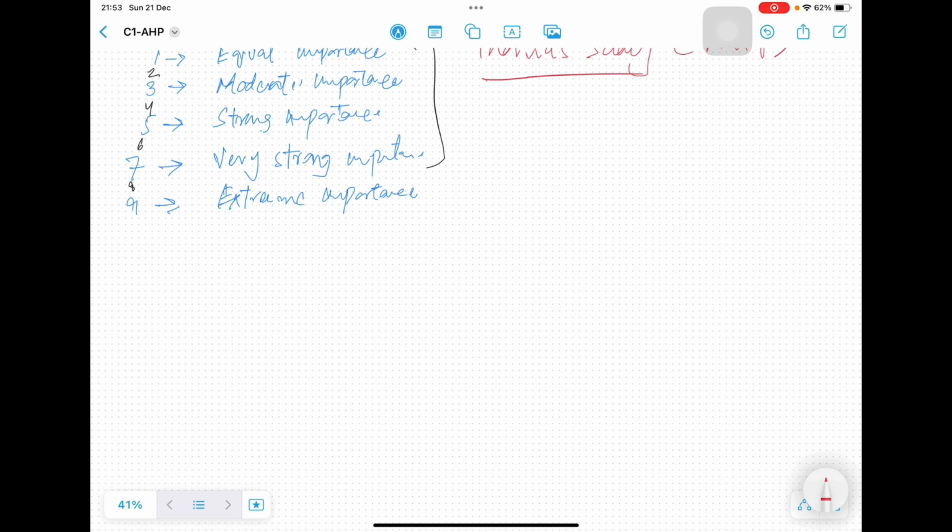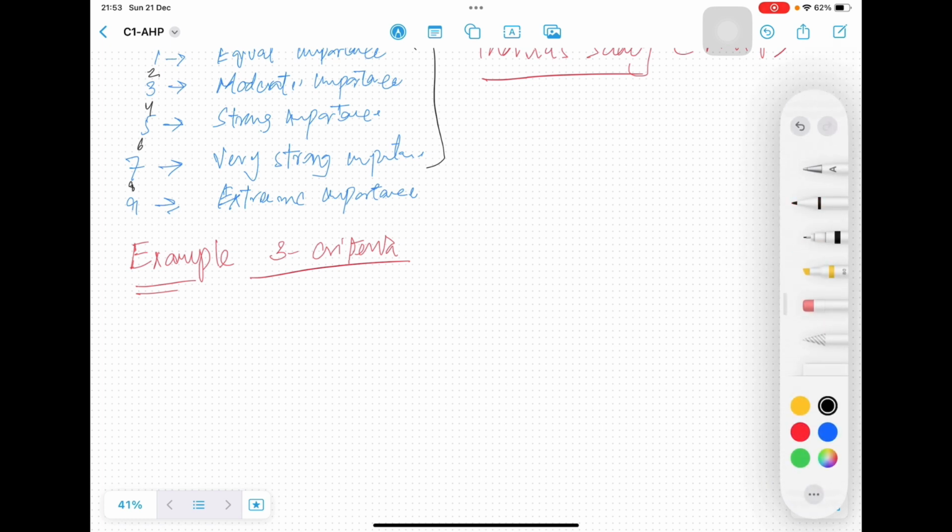So let's take a simple example with 3 criteria, so we will understand it better. We have 3 criteria.